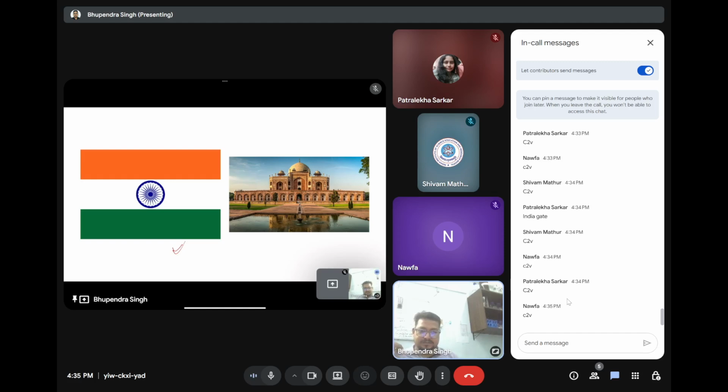Now Shivam is saying C2V. What about Patlekha and the others? So actually it is C2V because this is your axis, this is your C2 axis.